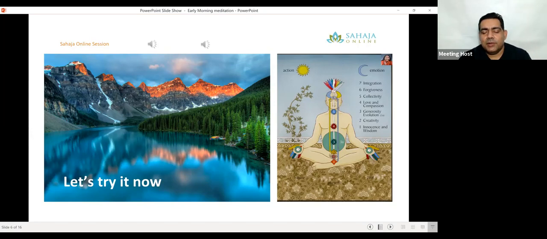Next, we will work on the fifth center. So let's take our hand between the neck and the shoulder on the left side. This is where the fifth energy center is. And here we say two or three affirmations. I am not guilty.